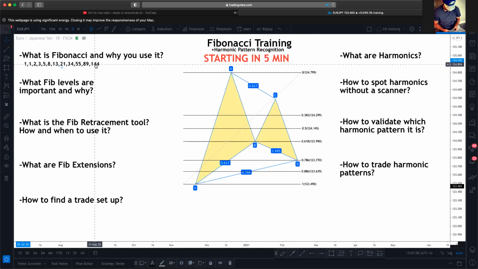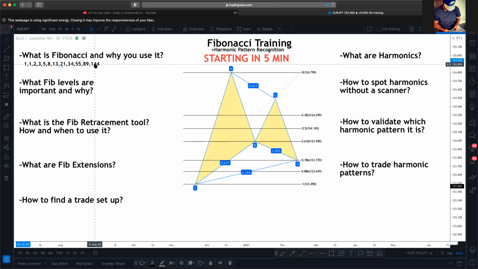They're appealing to the eye and to human nature. So when we see a pullback to the 61.8 or the 38.2, it's appealing. We want to get into that trade. It's human nature, and it is algorithmic in the market as well.